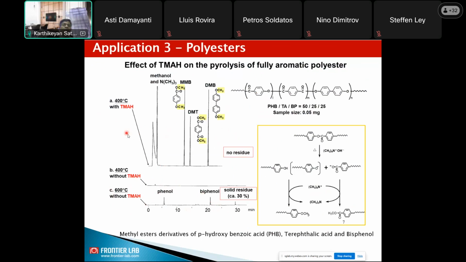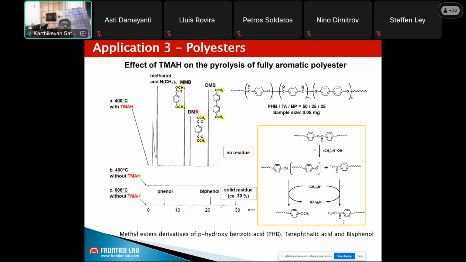Then when you carry out pyrolysis at low temperature, again without the methylating agent, it does not give any peak. That means no pyrolysis, no decomposition is happening. When you have the methylating agent and do the analysis at 400 degrees, you are able to see the methyl ester derivatives of the compounds present in this liquid crystal polyester.